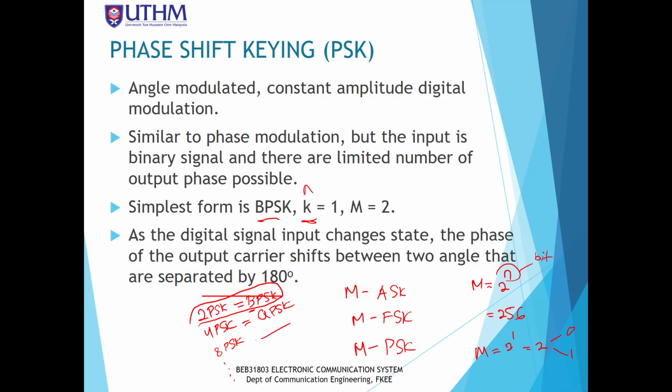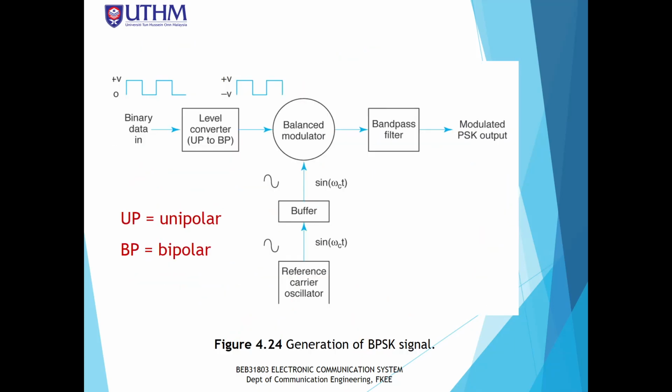BPSK has 2 symbols, either logic 1 or logic 0. Since we have two symbols, each symbol is separated by 180 degrees of phase. We're going to see about the phase shift later.